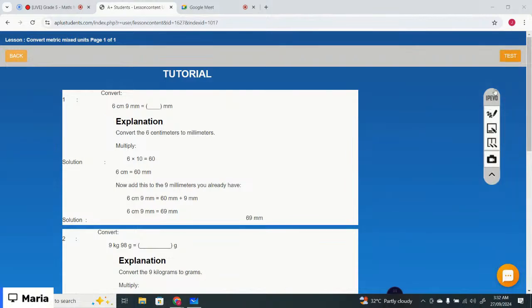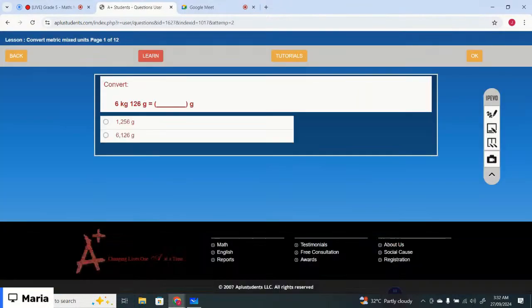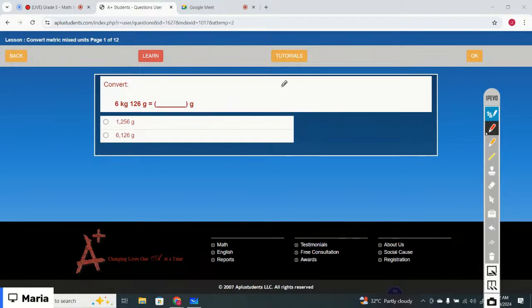Let's just start with the test questions. 6 kg 126 grams. So which is the correct option? 1 kg equals, these are the basic units, you need to keep them in your mind, 1 kg equals 1000 grams, right? So to convert 6 kg, you have to do 6 times 1000, that is 6000 grams. You already have 126. So then you need to add 6000 and 126, so that is 6126 grams.